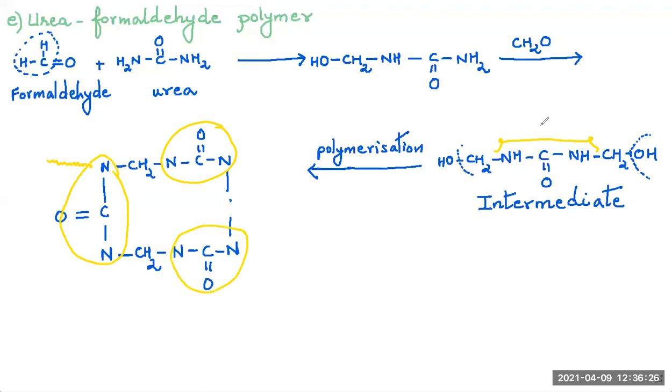Now think, in the process of polymerization, two urea are linked by CH2, methylene. Methylene is coming from? Formaldehyde. Now again, these two urea will be linked by? CH2. So here what will come? CH2. Is this clear? Yes, ma'am. And similarly, now from here, another link. Now can you tell me here CH2 will come or N will come?